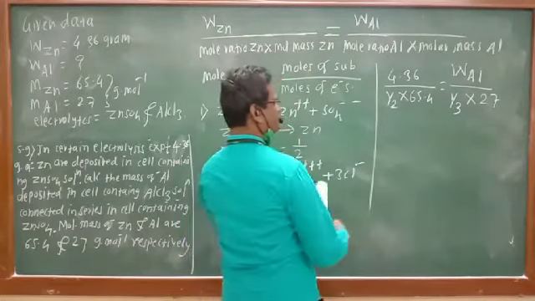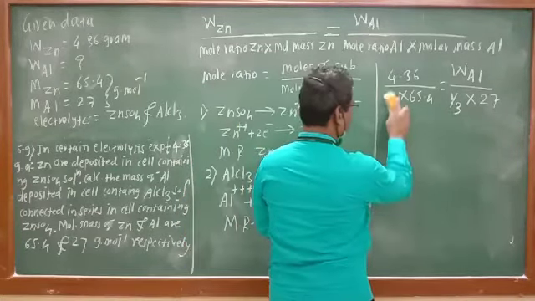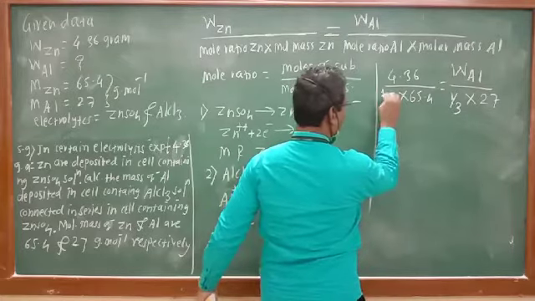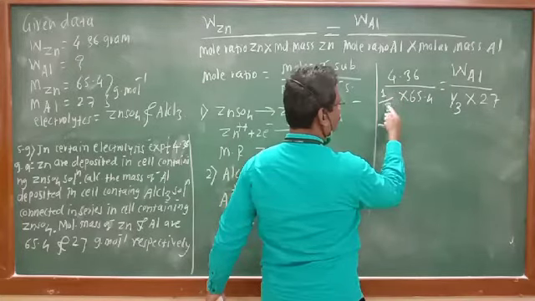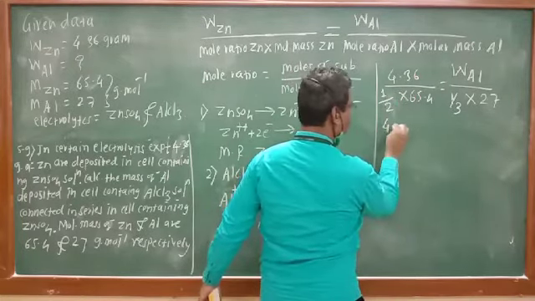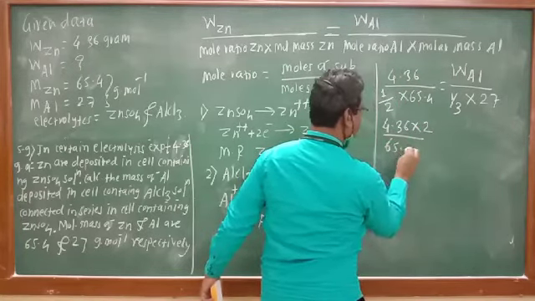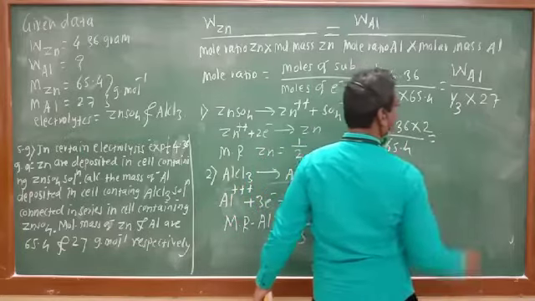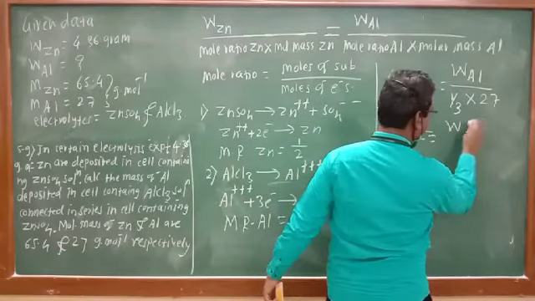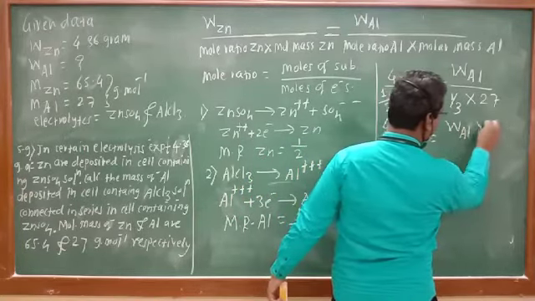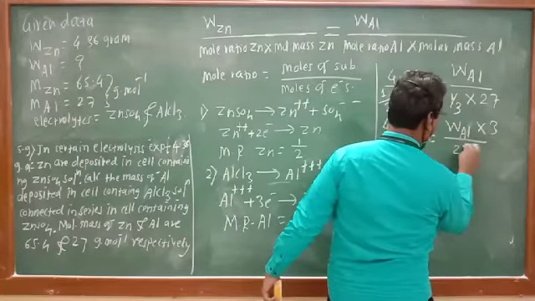Now solving this, what does it become? This is 1/2. 2 goes to the numerator: 4.36 into 2 divided by 65.4 is equal to weight of aluminium into 3 divided by 27.